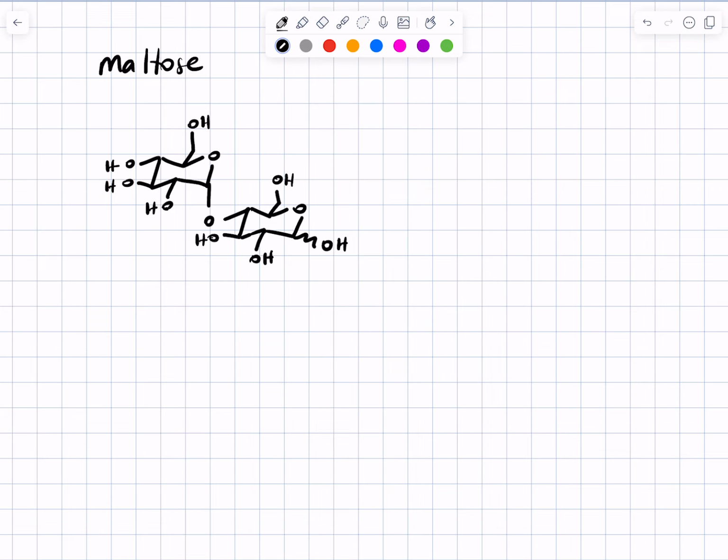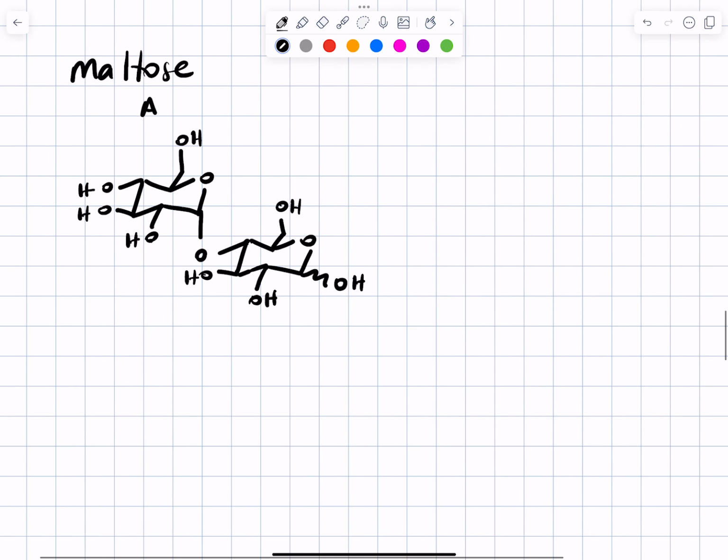Okay, so subunit A, subunit B. A is what? What carbohydrate is that? Glucose, easy, right? What about B? Also glucose, okay. What is the identity of the glycosidic linkage? Okay, the configuration is definitely alpha.